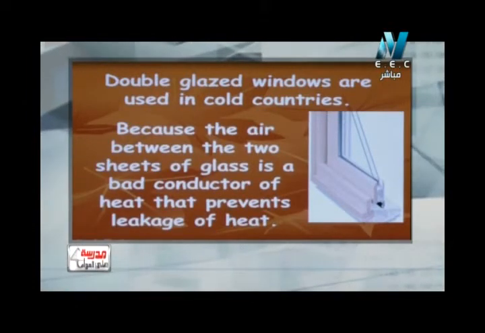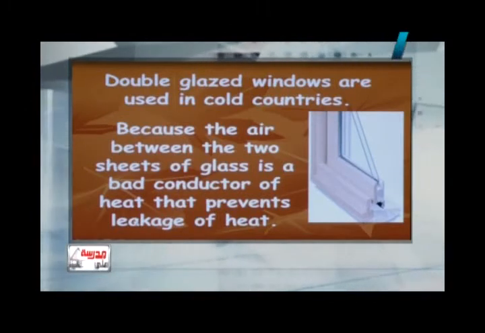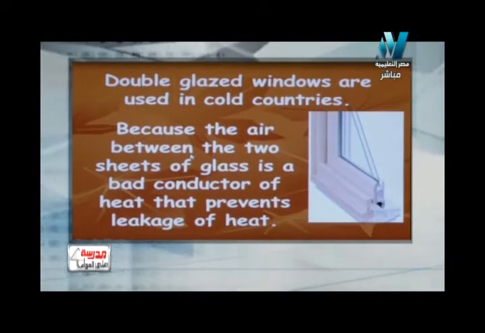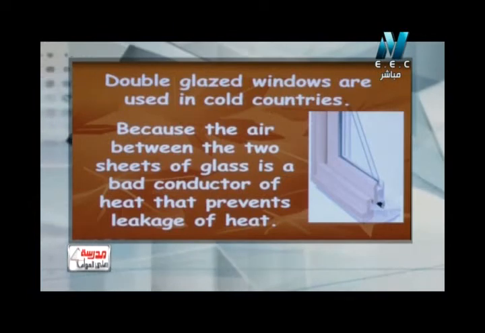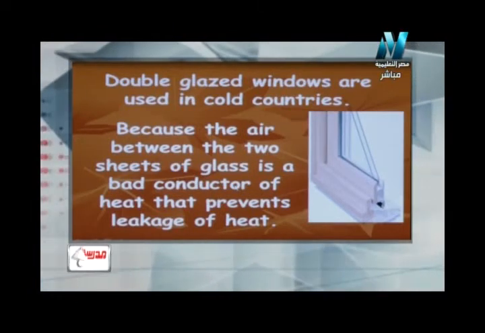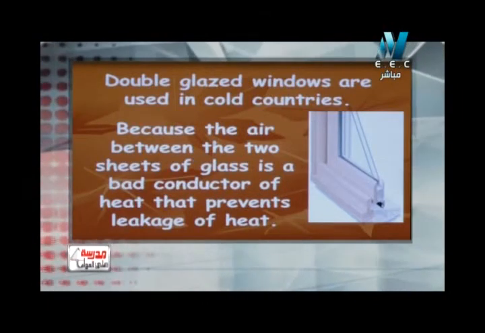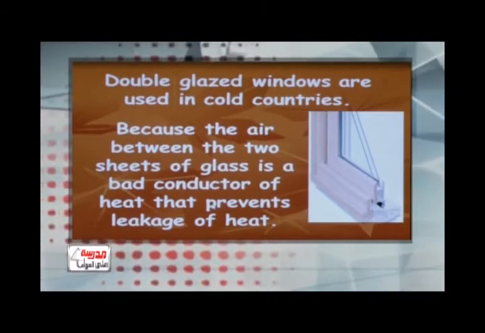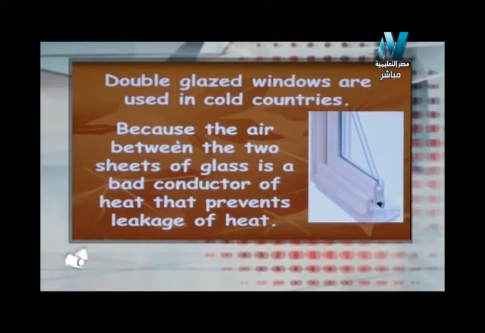Because the air between the two sheets of glass is a bad conductor of heat that prevents leakage of heat. We know very well that air and glass are both bad conductors of heat, so they prevent heat leakage. Again, because the air between the two sheets of glass is a bad conductor of heat that prevents leakage of heat.